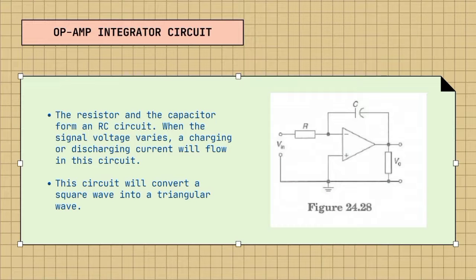So this is the op-amp integrator circuit. The resistor and capacitor form an RC circuit. When the signal voltage varies, a charging or discharging current will flow in this circuit, and this integrator circuit will convert a square wave into a triangular wave.